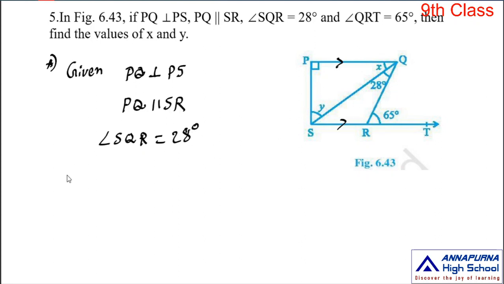This is an interior angle. And angle QRT is equal to 65 degrees. This is an exterior angle. We find the values of X and Y.